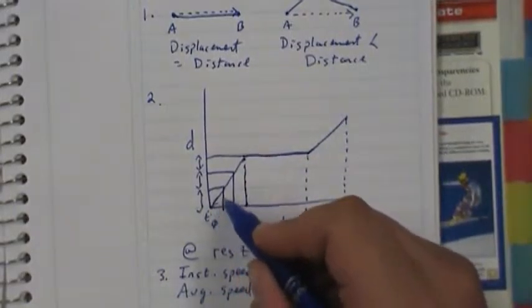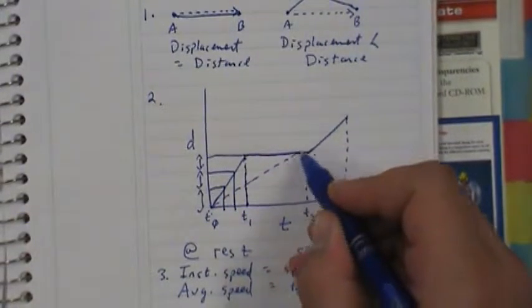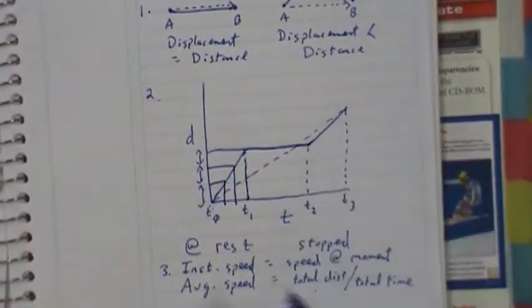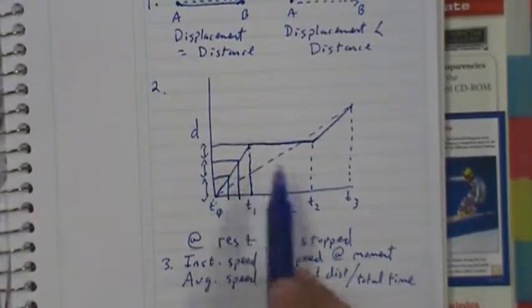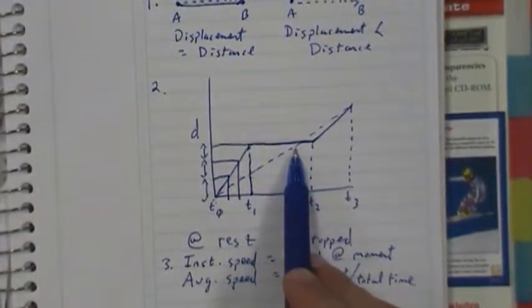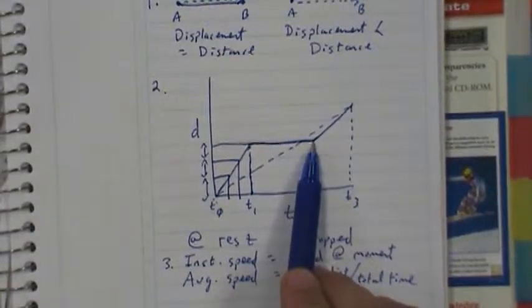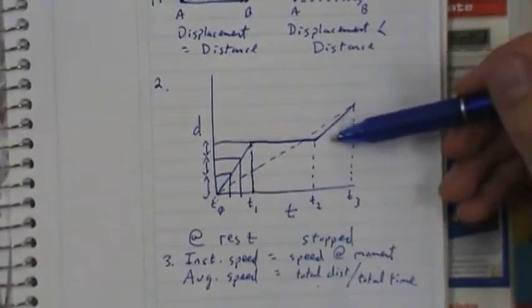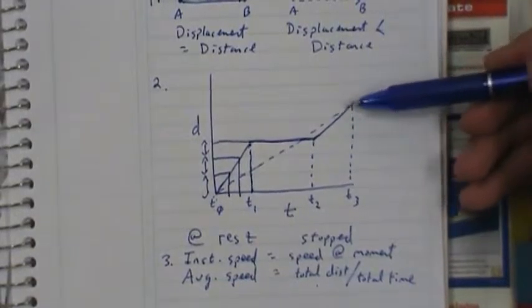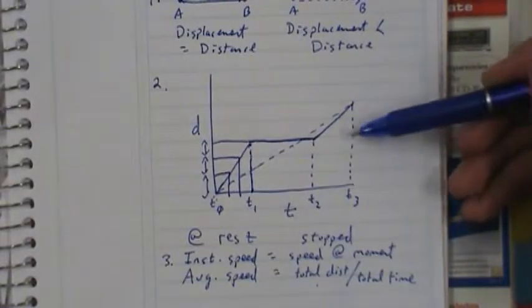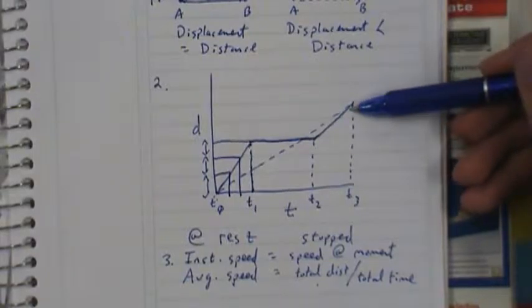So if I draw a line connecting my start to my finish, notice it is lower or shallower than our initial speed. It of course has a greater slope than our at-rest line because your average speed has to be larger. And it is slightly faster than our second interval, or excuse me, our third interval speed.